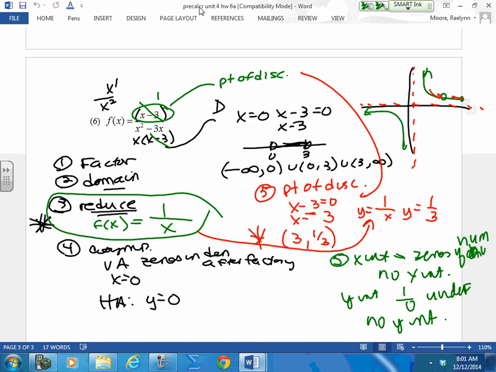Now, here's the tricky part. Let's do your range. Okay. Is there a max and a min here? No, because it's smooth. No max and min. Let's do your range. Now, this is why we needed to find the exact point. Your y values are coming up here.